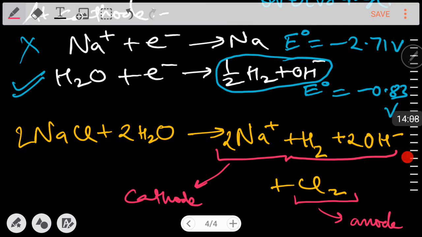So we can write the equation like this: NaCl when electrolyzed in the presence of water, its sodium ion will not be reduced at the cathode, it will remain as such, and water gets reduced to form H2 and OH minus ion. So at the cathode you get H2 and OH minus ion along with Na plus, which is not reduced here, and at the anode we get chlorine gas as the product.